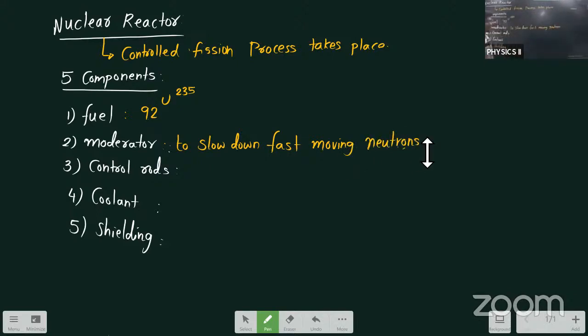Once the neutrons are slowed down, they do fission with another uranium or get attached to another uranium. Due to this reaction, further 3 neutrons are emitted, and the process goes on. In order to control this process, we use control rods. These are neutron absorbing material.